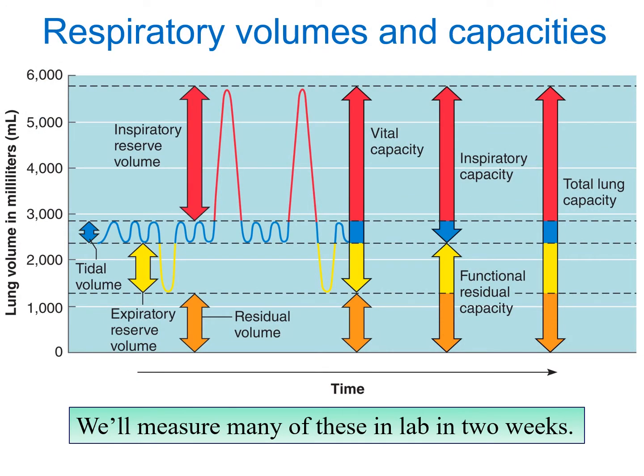The first, which I'll circle in yellow here, is called the tidal volume. This is the amount of air that enters and leaves the lungs during normal, quiet breathing. So when you're sitting at home reading a book, or driving to school, you inhale, the amount of air that comes into the lungs, look at the pen, and then you exhale, and you inhale, and so forth.